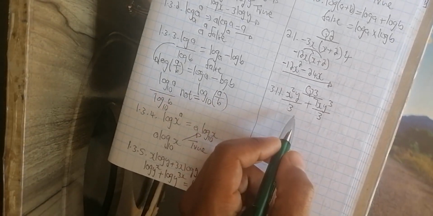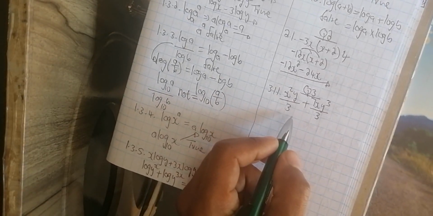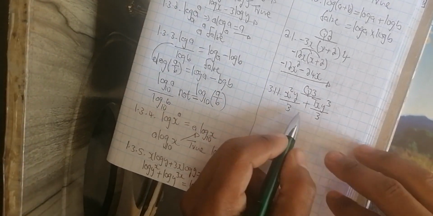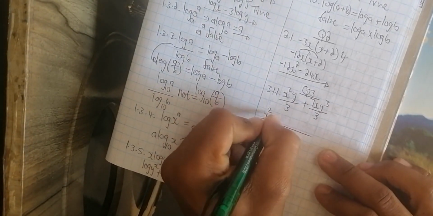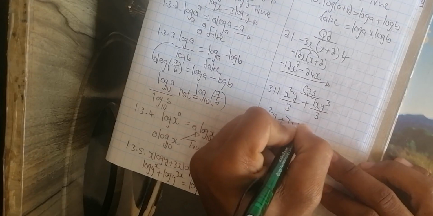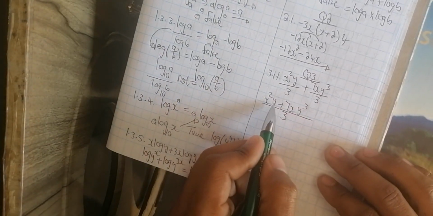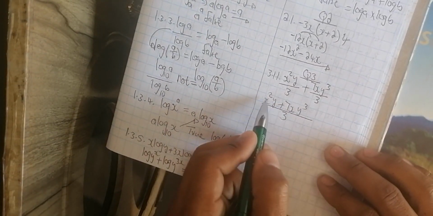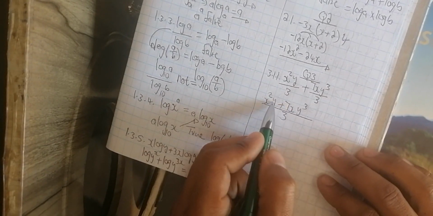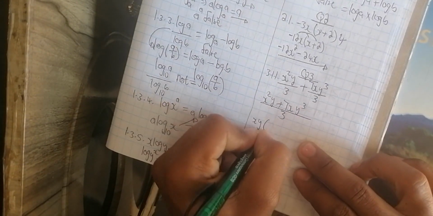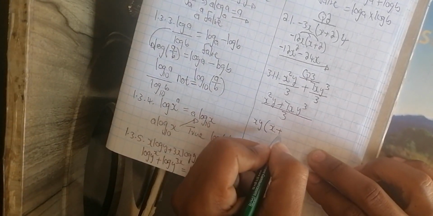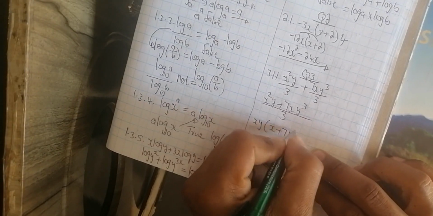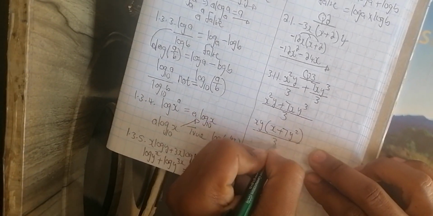That is fine. Now before I can factorize, I can take out an LCD here, which is 3, and I can have x squared y plus 7xy to the 3, and there's a common factor here, which is 1x and 1y, so that I can say xy times x plus 7y squared, over 3.